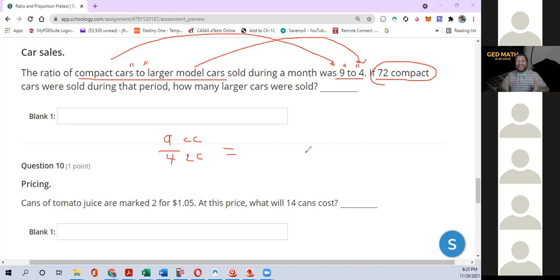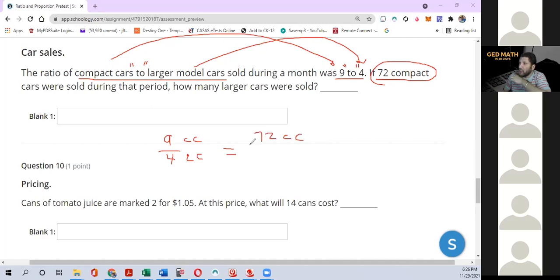Is that going to go on the top or the bottom of my second ratio? Why the top? Patrick, why the top? Because it's the compact cars.